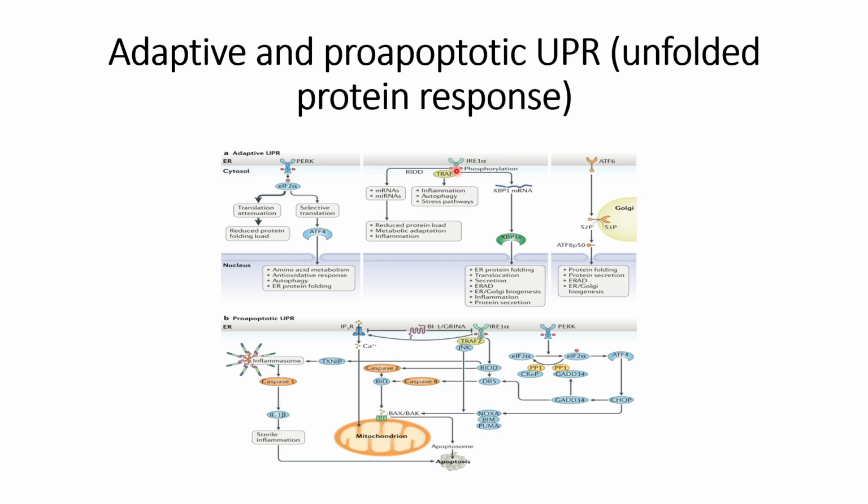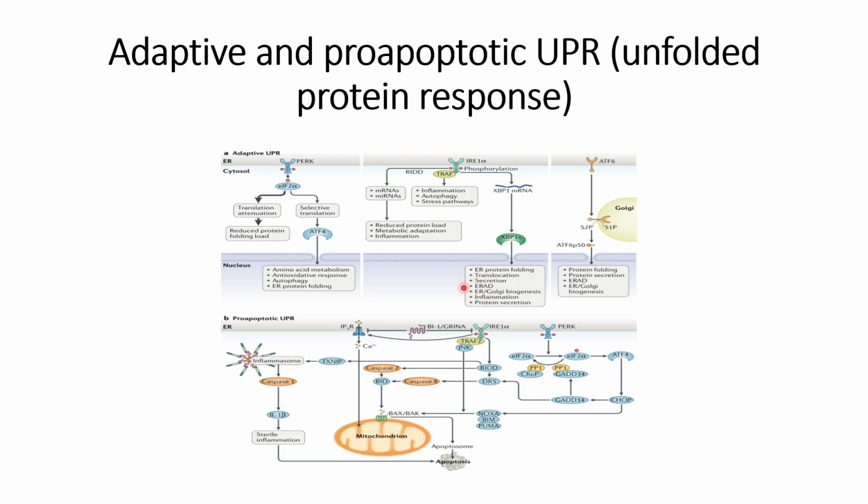Next signaling pathway is the IRE1 alpha. The phosphorylation of IRE1 alpha will lead to splicing of the XBP1 mRNA, and after splicing, it will act as a transcription factor that will go to the nucleus to upregulate the proteins that are involved in the unfolded protein response, such as ER protein folding and the ERAD pathway.